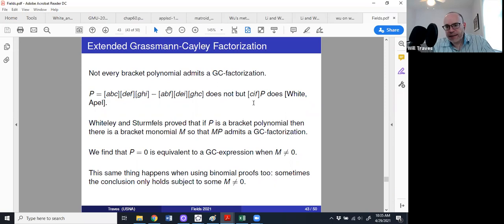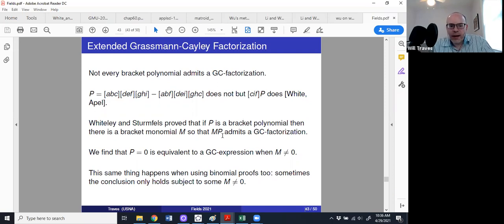And in fact, that's kind of the general behavior that occurs. Walter and Bernd Sturmfels proved that if you start with a bracket polynomial, then that bracket polynomial may or may not factor as a Grassmann-Cayley expression, but there's always a bracket monomial M, say the product of a bunch of brackets, so that you can multiply P by that, and then you do get a Grassmann-Cayley factorization.